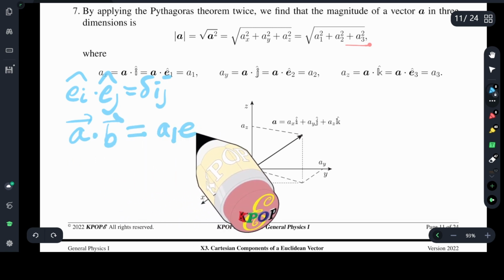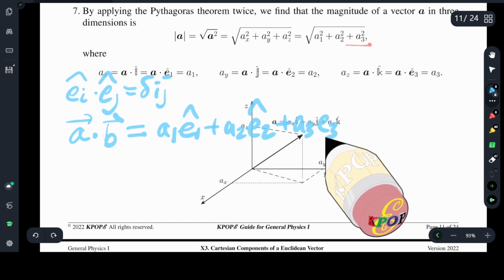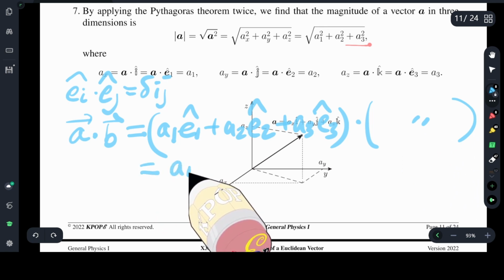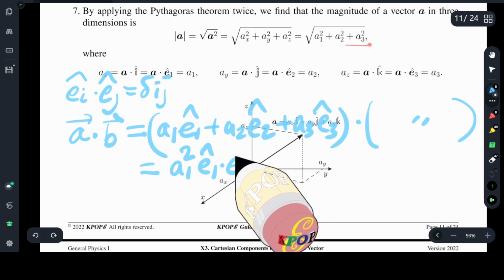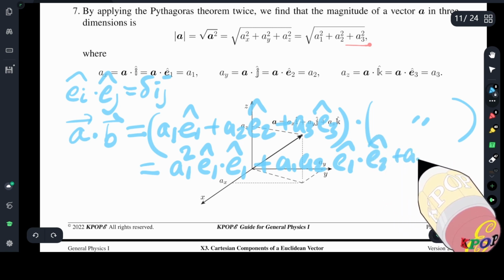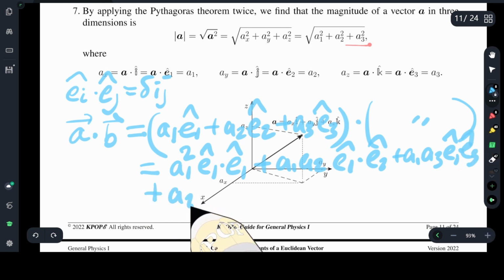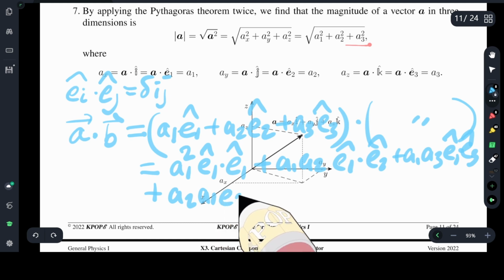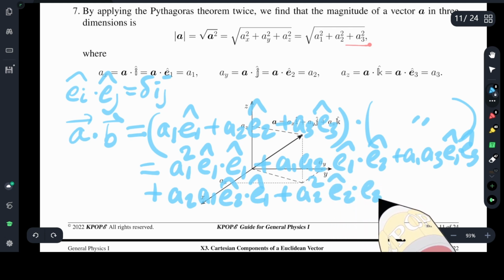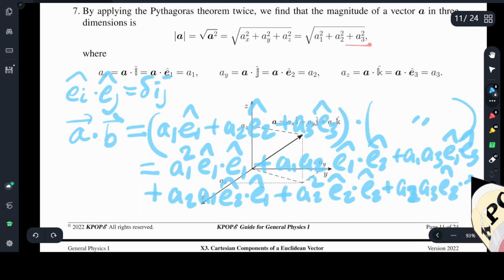It's A1 e1 hat plus A2 e2 hat plus A3 e3 hat, dotted with the same thing for B. The answer is A1 squared e1 dot e1, A1 A2 e1 dot e2, A1 A3 e1 dot e3, plus A2 A1 e2 dot e1, A2 squared e2 dot e2, A2 A3 e2 dot e3.